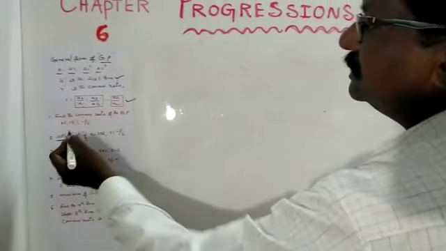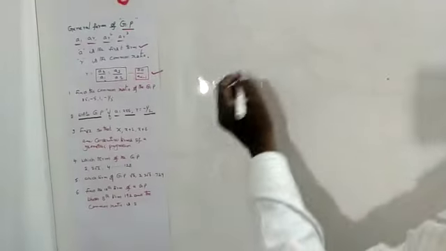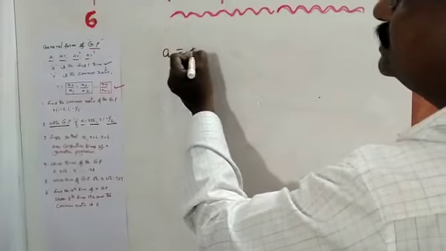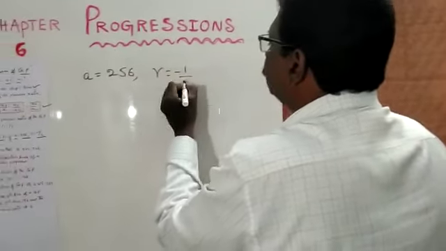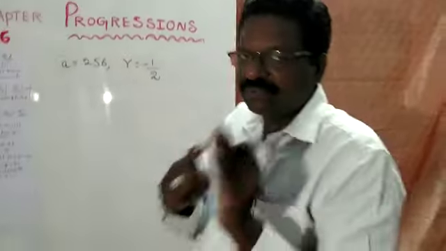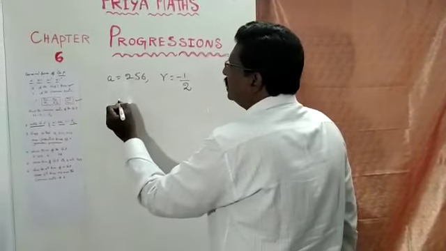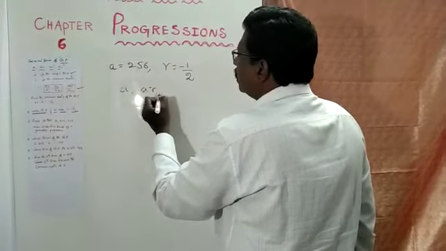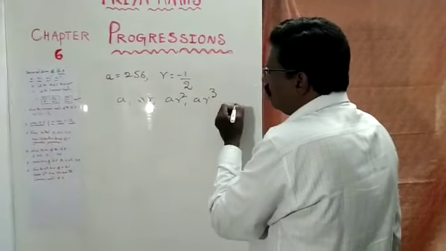Read again: write the GP if a is equal to 256, r is equal to minus 1 by 2. Then you have to write the general form, which is different from the nth term. So you use the general form. What is the general form? a, ar, ar square, ar cube, and so on.